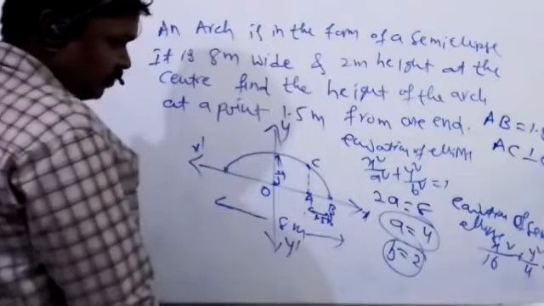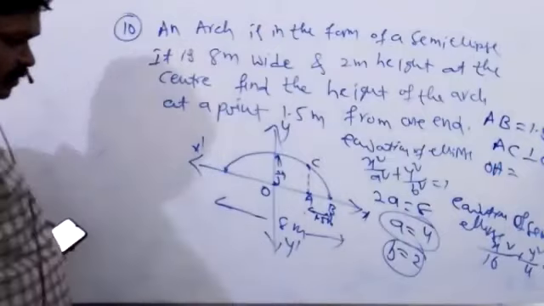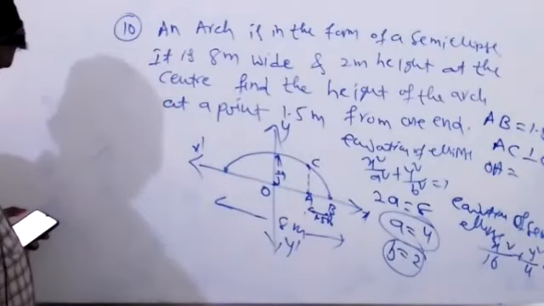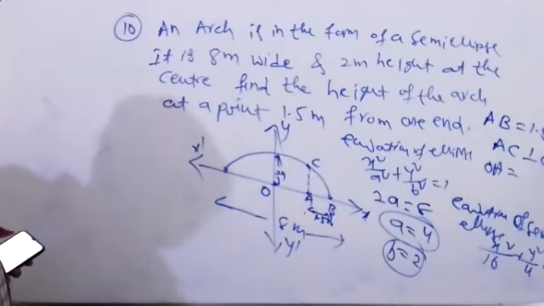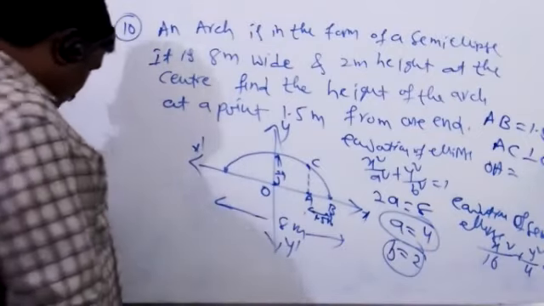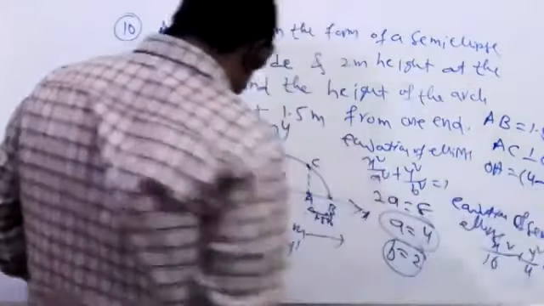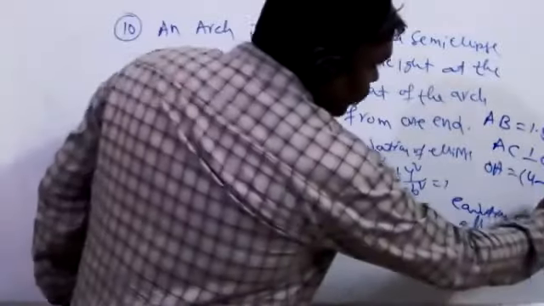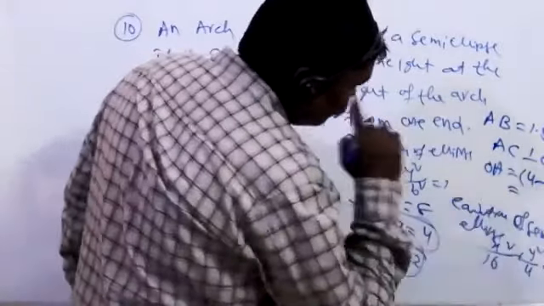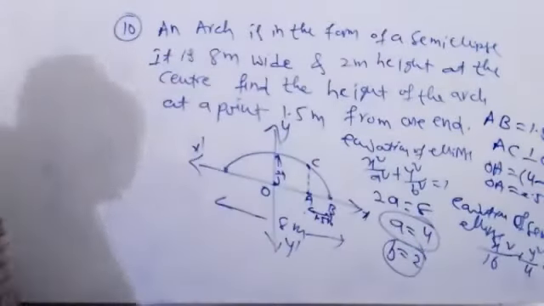Then OA is equal to, total is 8, here 4, 4 minus 1.5, which is 2.5. OA is equal to 2.5.